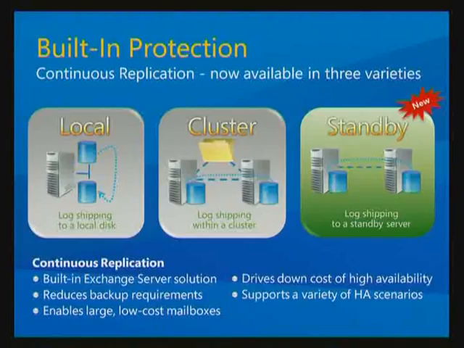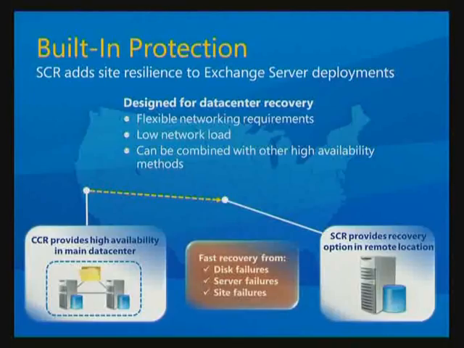When we look at cluster continuous replication and standby continuous replication, we have this capability of mixing and matching this replication technology. So you can have cluster continuous replication running in your primary data center, and for maintenance or server outages, you can have that failover within that single site.